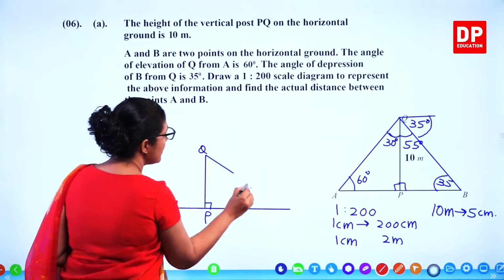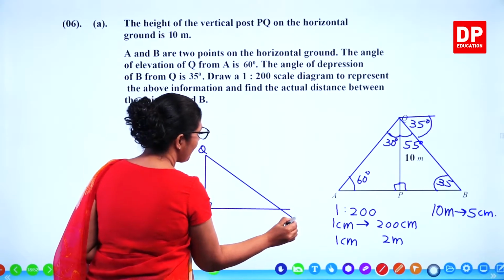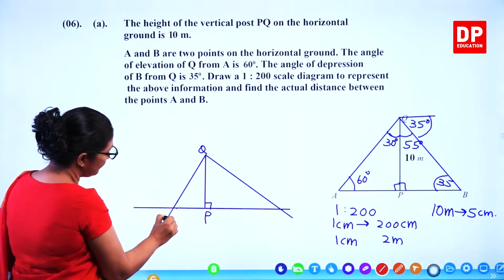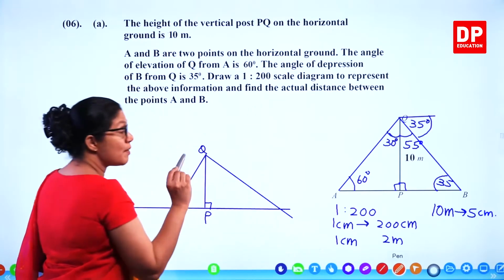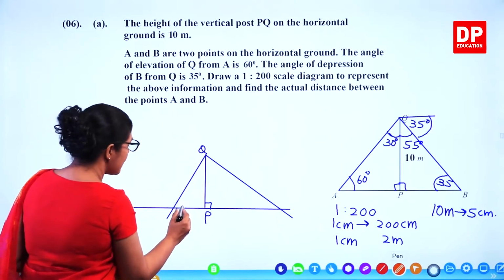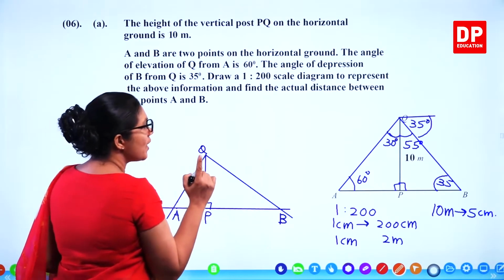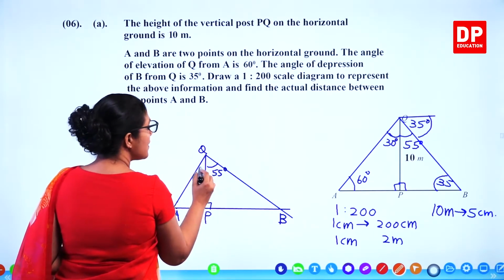We can connect this point and this point, and this one with this point. The intersecting point with the horizontal line, that's A, and this is B. So we can mark, this is 55 we took, and this is 30.